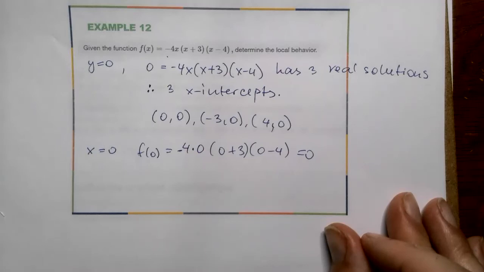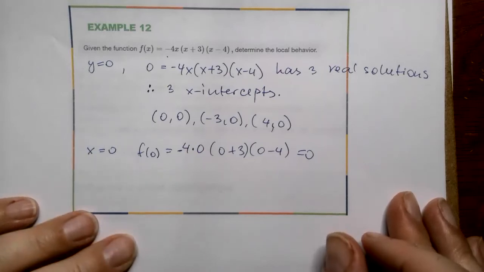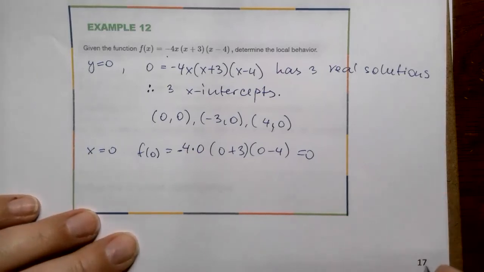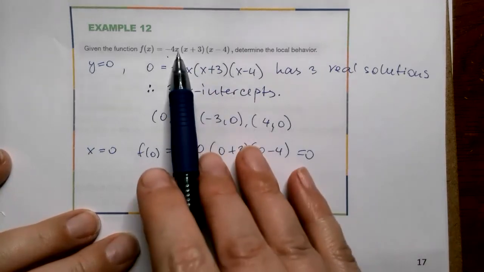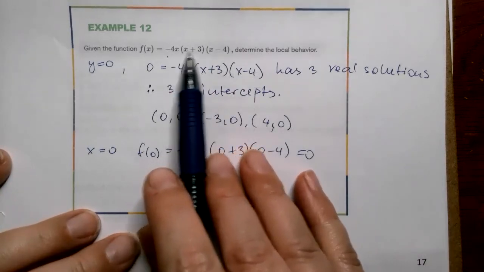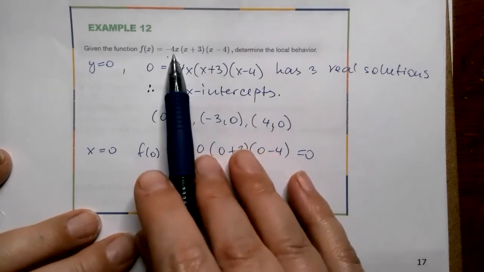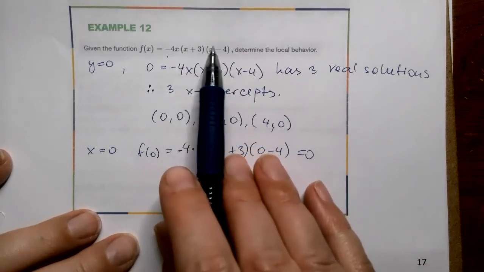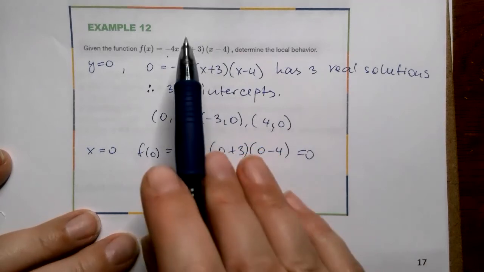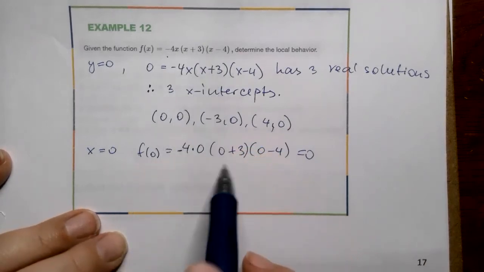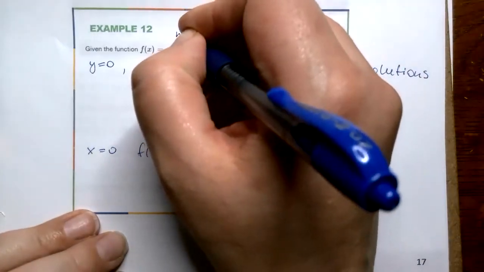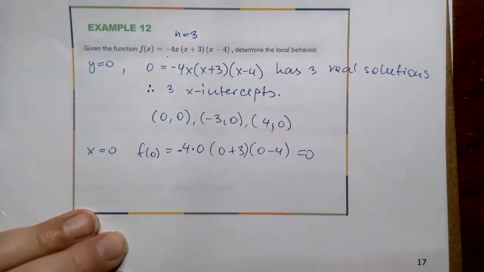Okay, so what else can we tell about the behavior of this function? Turning points. Because it has three factors, and in each factor x is to the first degree, the degree of this polynomial is 3. So n equals 3. That's our highest degree.